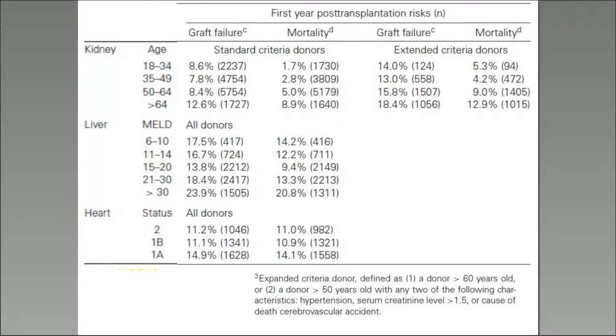It's just a way to try to contextualize risk. This is the risk of graft failure or mortality in the average kidney, liver or heart patient. You can see, for the average liver patient who we might do with a MELD of greater than 30, the one-year mortality is 20% for all causes. So again, it's a substantially higher mortality than the risk we're quoting with these high-risk donors.